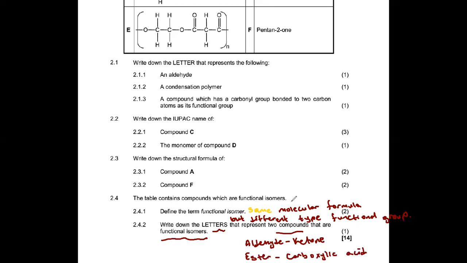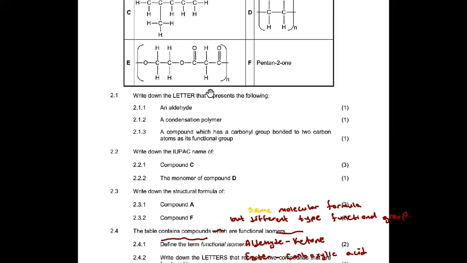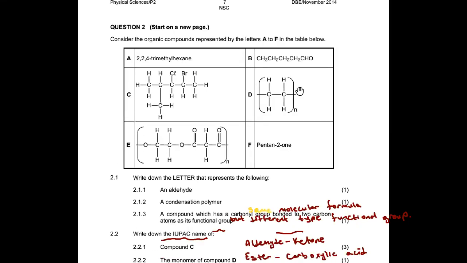In this table, we don't have any carboxylic acid or ester. We have an aldehyde and a ketone. When we look at this aldehyde and ketone, compound B has 5 carbon. Compound F as a ketone has 5 carbon. So the correct answer is B and F. These are the functional isomers.